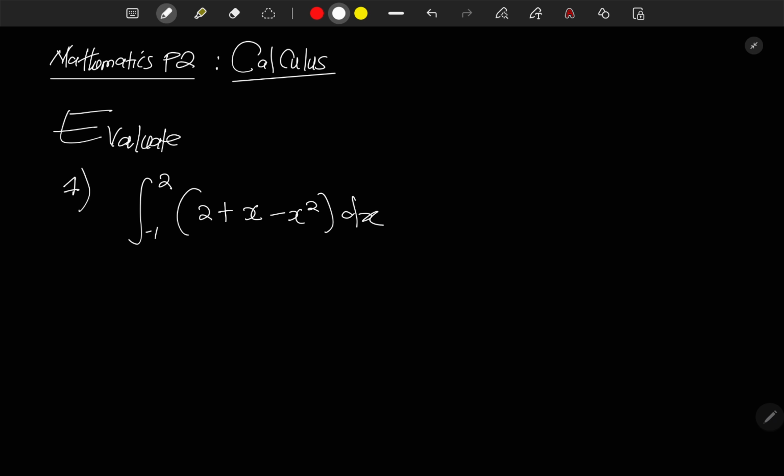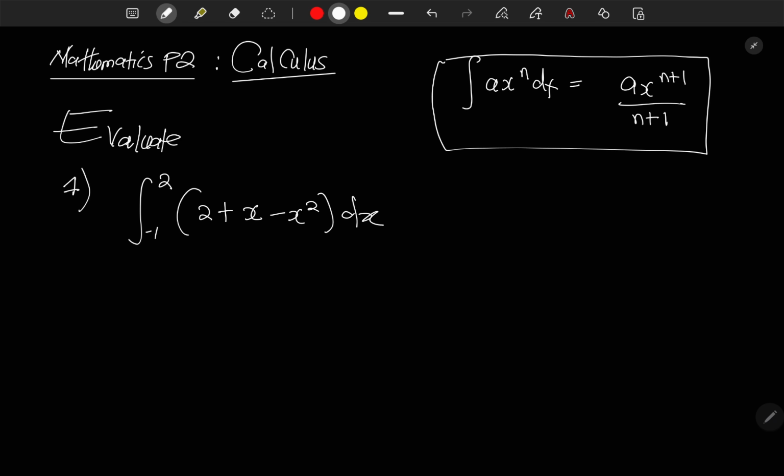Anytime you are integrating ax to the power n dx, you need to increase the power by 1, n plus 1, then divide by the same new power, n plus 1. Since these are definite integrals, we don't add a constant of integration, so we just end it there. We're together, right? The same concept applies to this one.